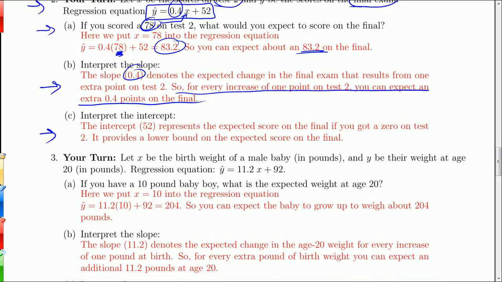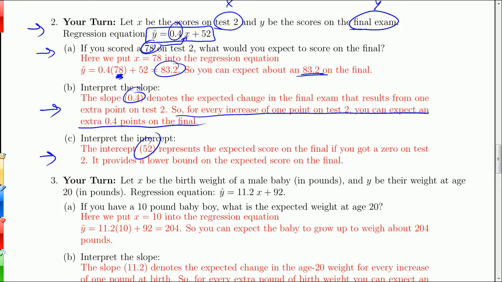Interpret the intercept. The intercept here is 52. It basically represents the expected score on the final if you got a 0 on test 2. And it does provide a lower bound on the expected score.